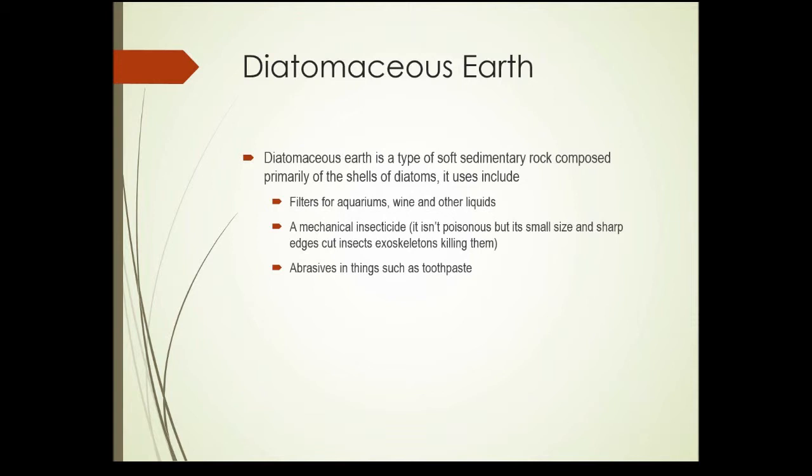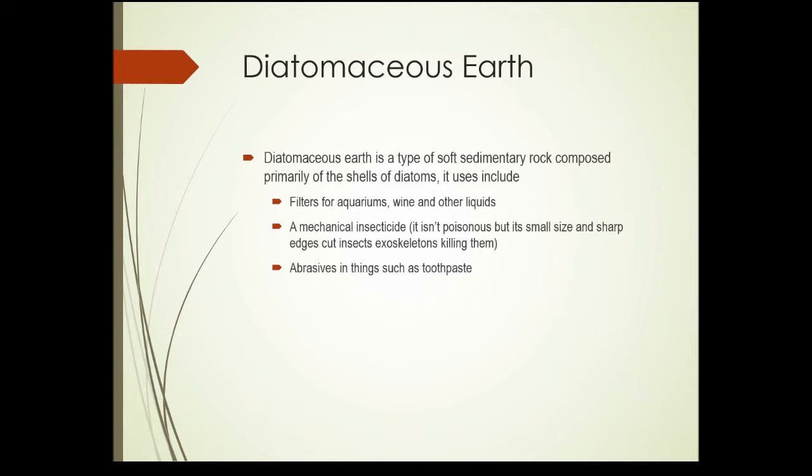A mechanical insecticide. Think about this. An insecticide that's poisonous kills insects by getting inside their body or in one way or another and poisoning them, killing them that way.